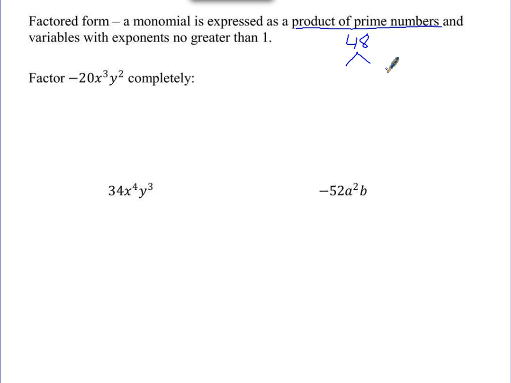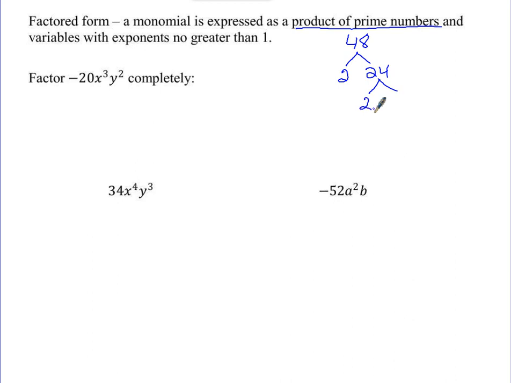Does 2 go into 48? Yes. How many times? 24. So I'm going to write 2 and then 24. 2 is already prime, so that side of the tree is done. 24, is that prime? No. So I'm going to branch out again. And what is the smallest prime number that goes into 24? 2 again.